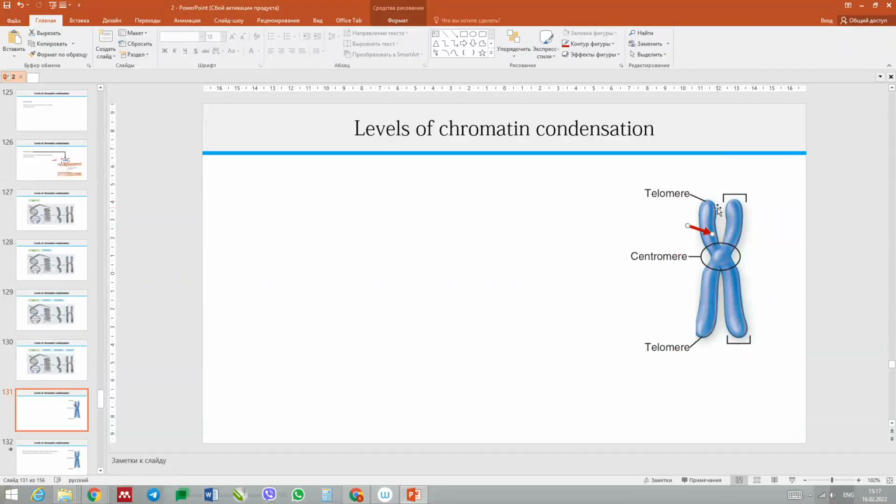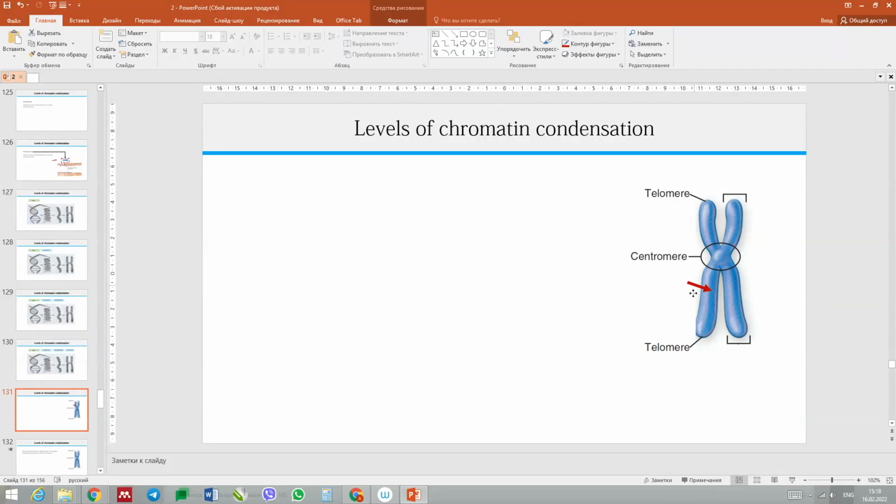So before the beginning of cell division, the cell needs to make a double amount of genetic material in order to equally transfer genetic material to both daughter cells. And in order to achieve this aim of equal transfer of genetic material to both daughter cells, before cell division, the cell needs to double genetic material.